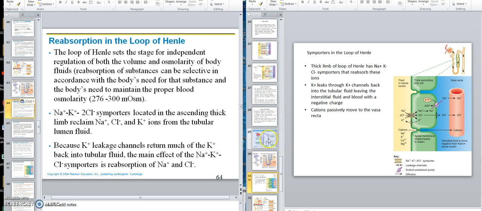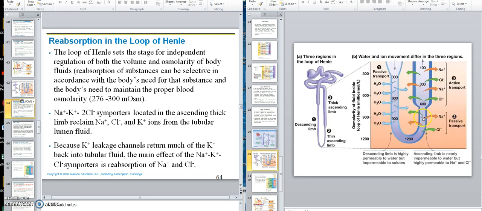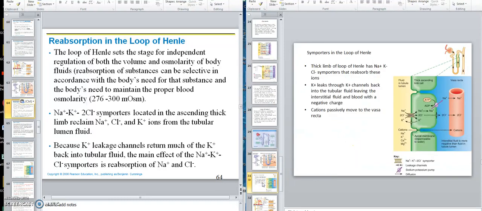Remember that the active transport did some, but just regular diffusion does some. Remember when we looked at that, we said some was just by passive transport. But the bottom line is that you bring in a lot of electrolytes back up in this area, where on this side you brought a lot of water back. Here, you're bringing a lot of electrolytes back. So that's what you're looking at in that loop of Henle.